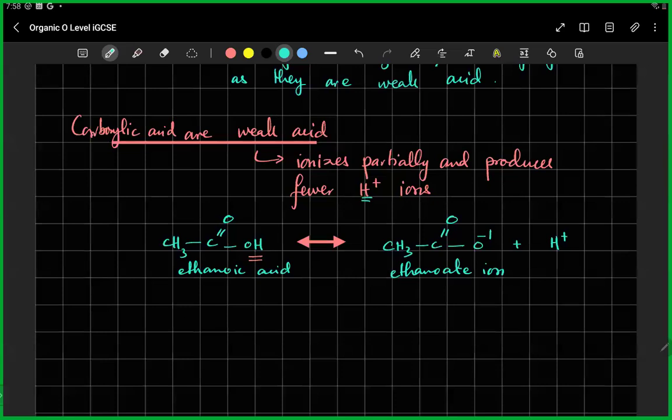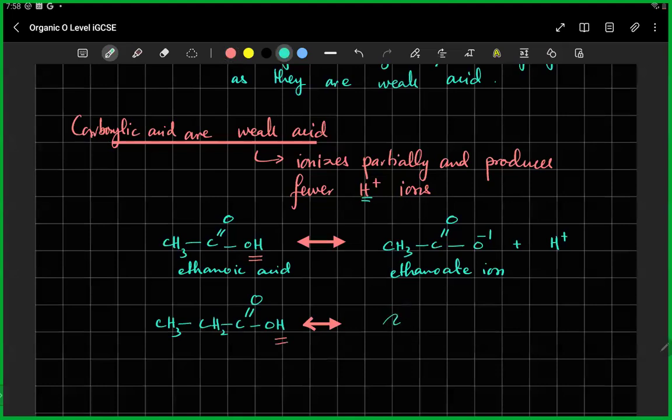इसी तरह any other acid, pick any other acid, 3 carbon atom वाला, if I pick propanoic acid, so that's going to do the same thing. तो उसमें भी सेम चीज होगी. ये जो एंड वाला H है, this is the one that's going to break away.